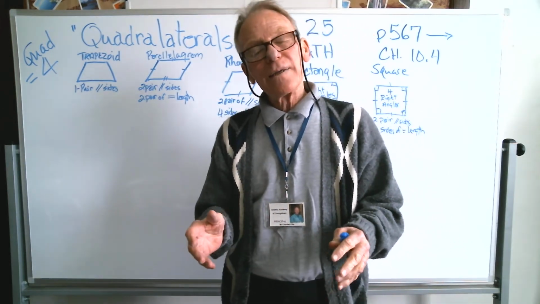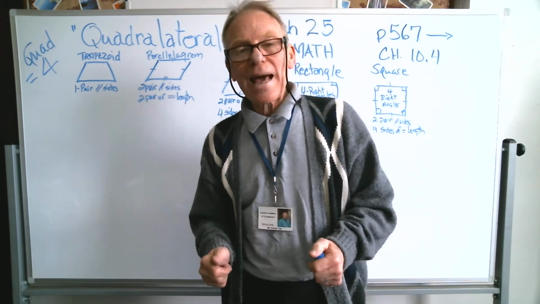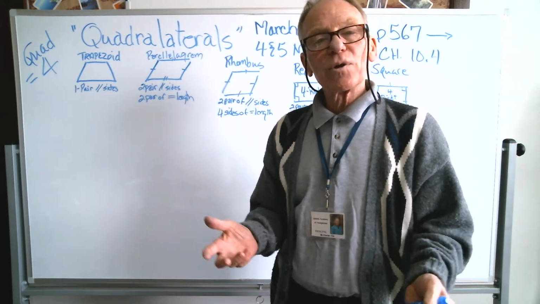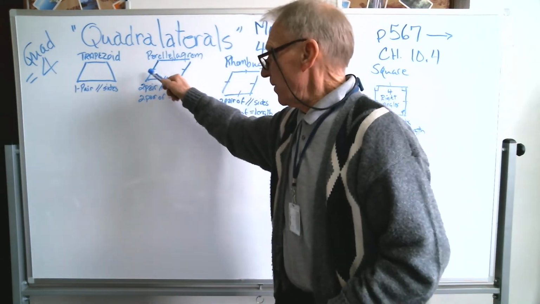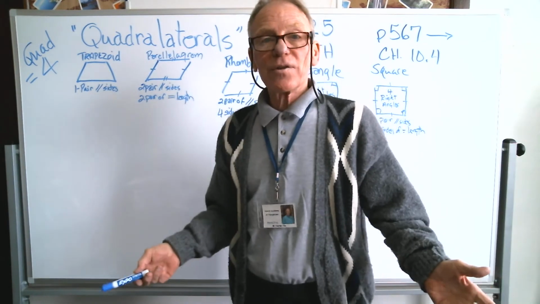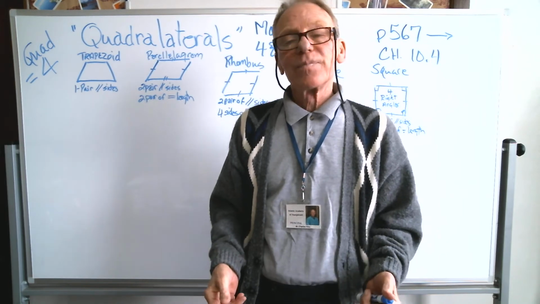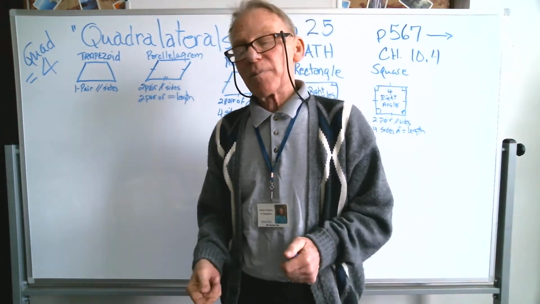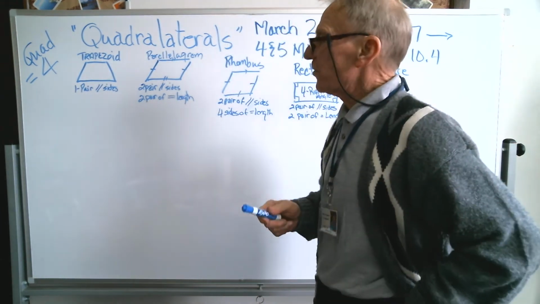So quad means four. So a quadrilateral means an object with four sides. The sides are all known as laterals. So don't get confused. Sides and laterals mean the same thing in geometry. They use the term laterals, though, and that's the one you'll see most often.